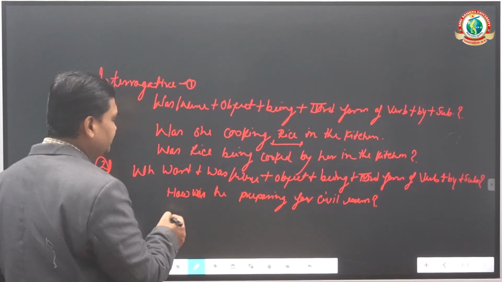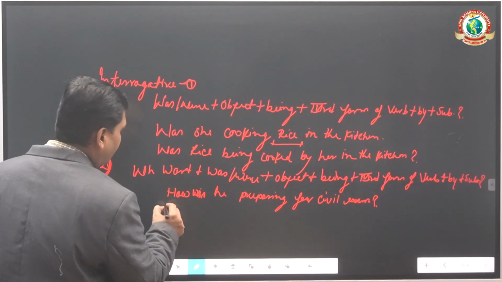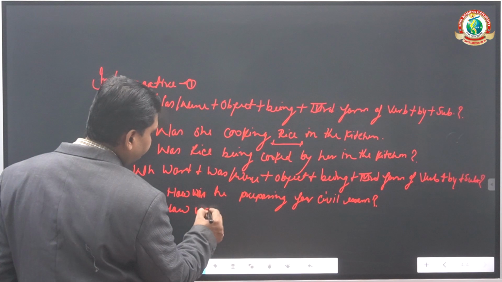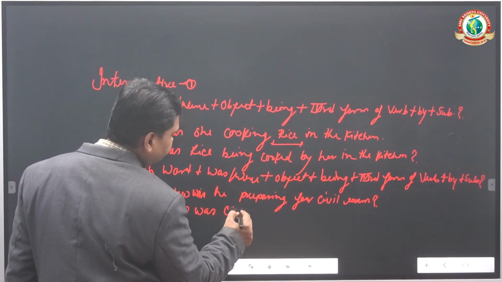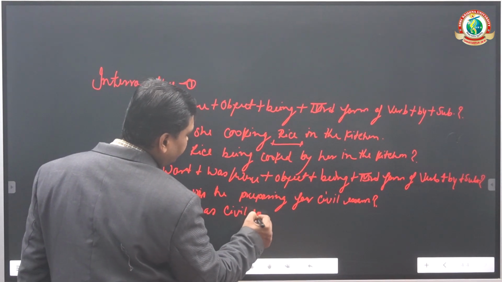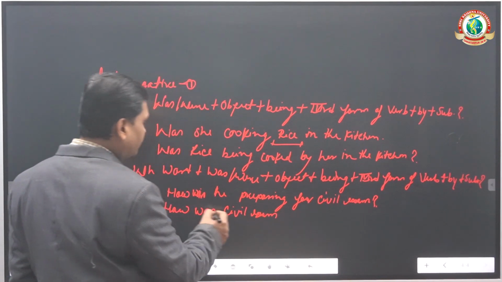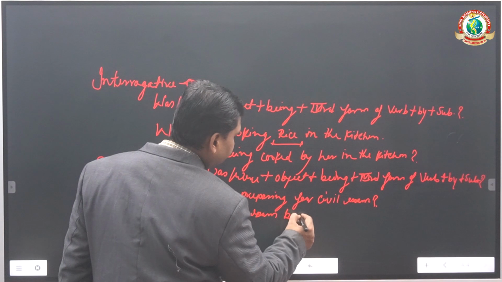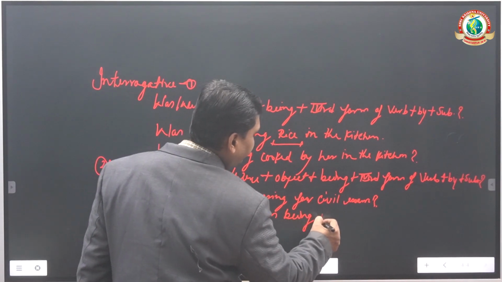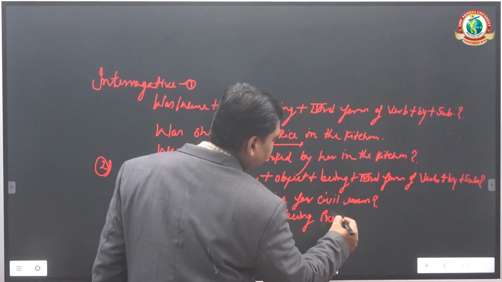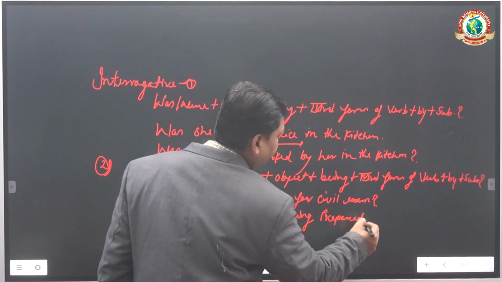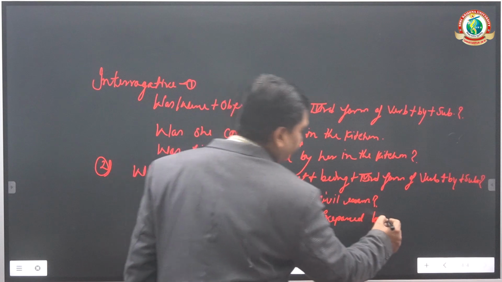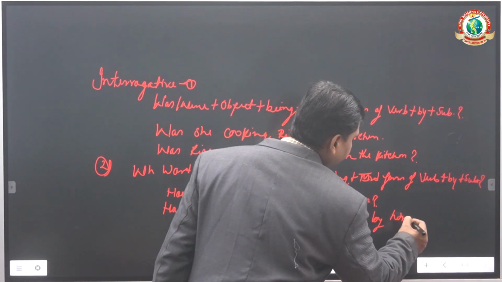So in passive voice, first of all the WH word: how was civil exam, how was civil exam being prepared by, he would be changed in him, by him.